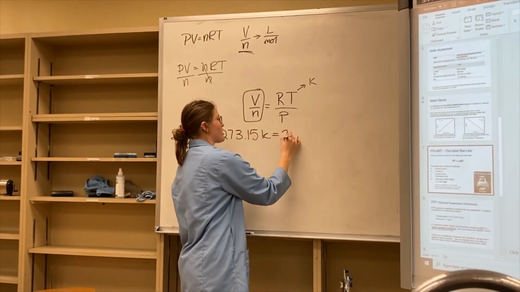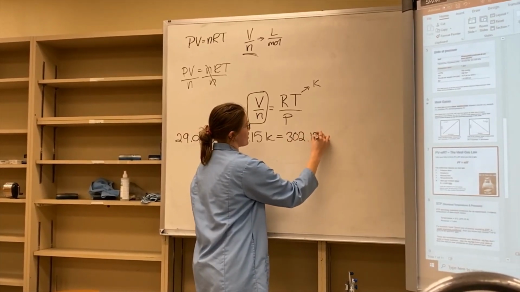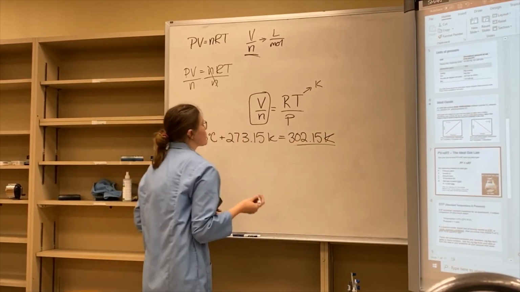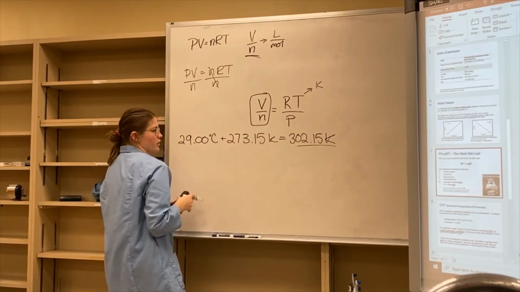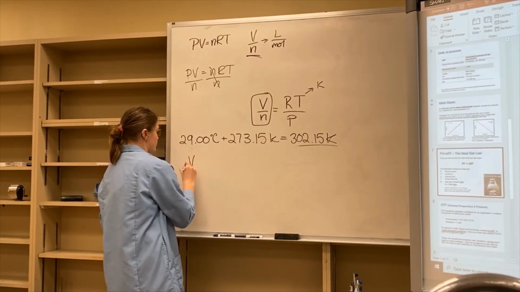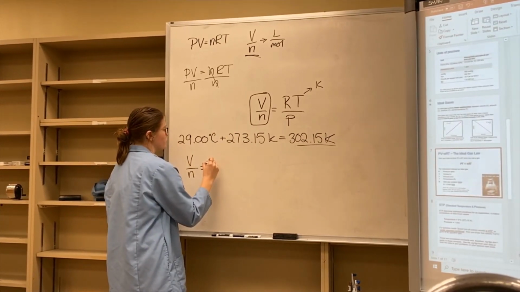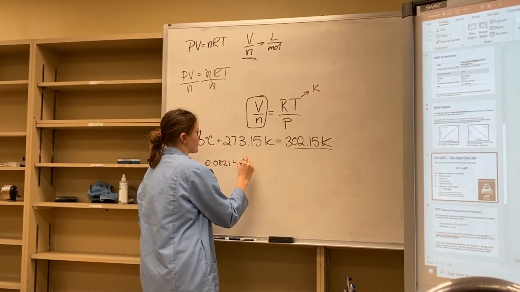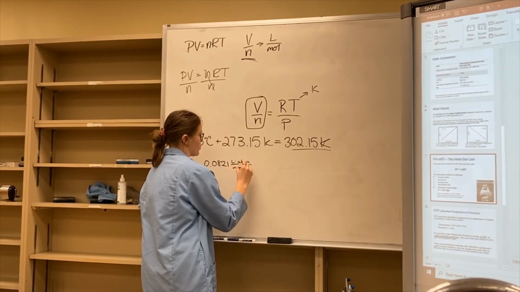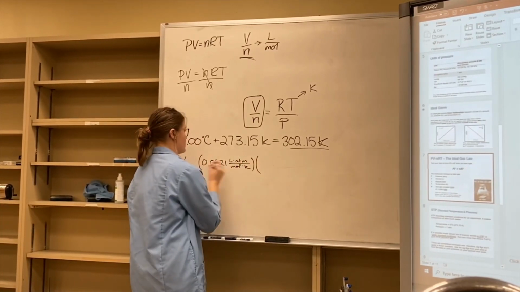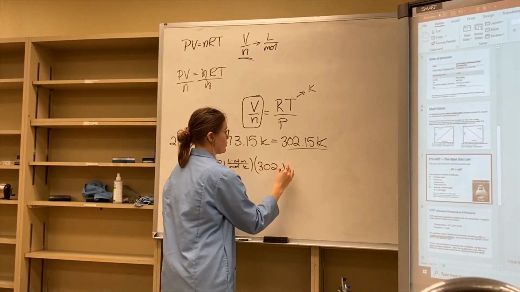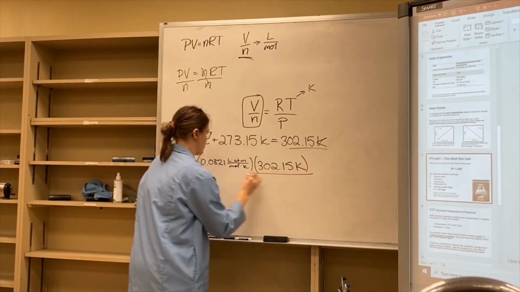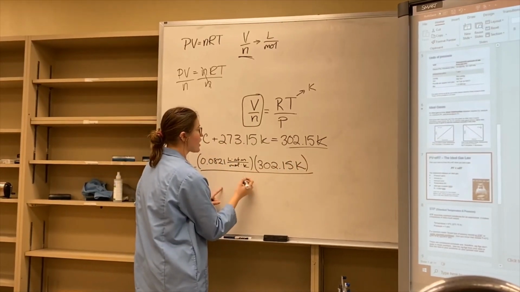So we're going to get 302.15 Kelvin for our temperature, and we can plug everything in as we know there. So our molar volume is equal to 0.0821 liters ATM per mole Kelvin times our 302.15 Kelvin divided by our pressure.